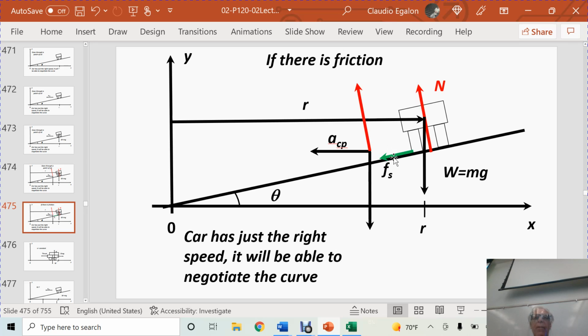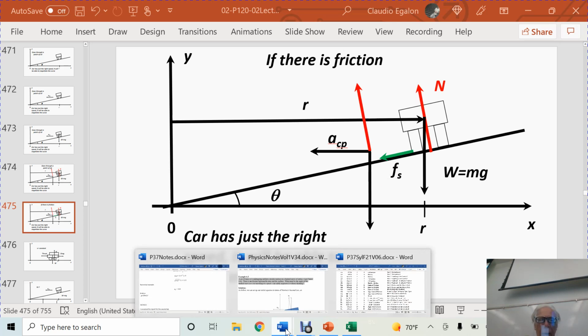So it's more complicated to solve, but it's safer for the car as well. Simple enough.